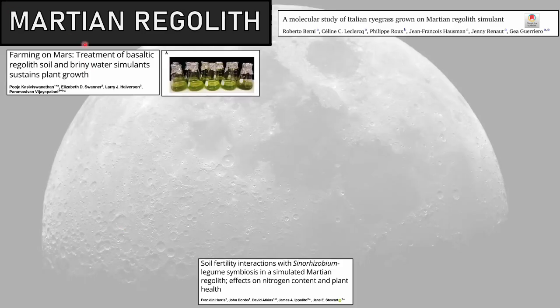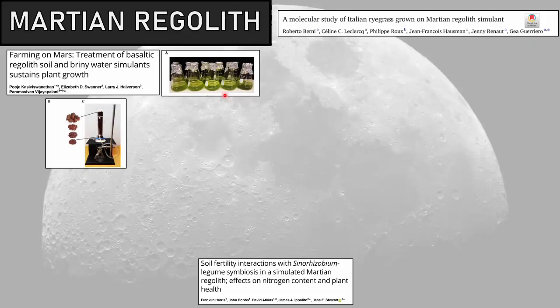So we have farming on Mars, where they actually had these nutrients contents. They made this briny water simulant and treated it with, I think, bacteria, and then they used it as a biofertilizer.